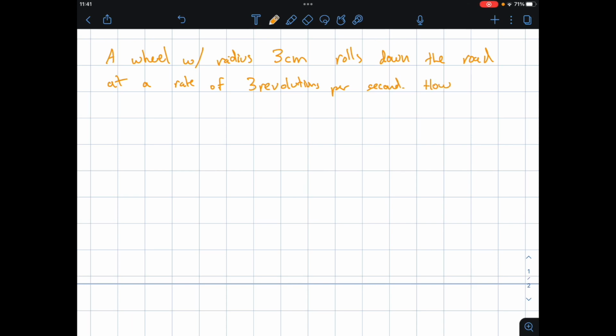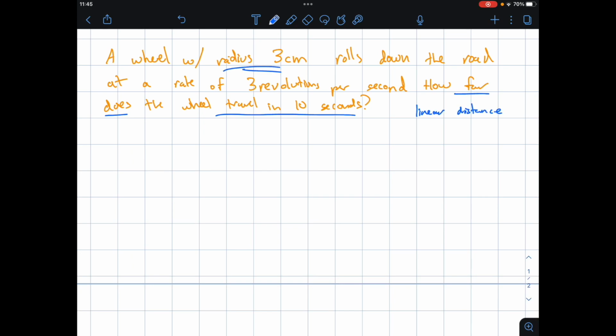How far does the wheel travel in 10 seconds? First of all, we're trying to calculate the linear distance. How far does it travel? We want to get a linear distance. And what we are given is a radius, and we are also given an angular speed, 3 revolutions per second.